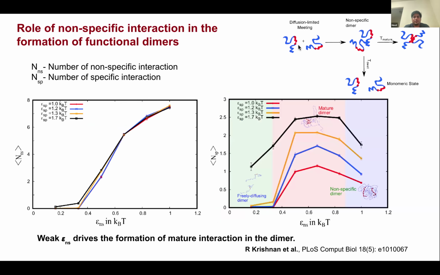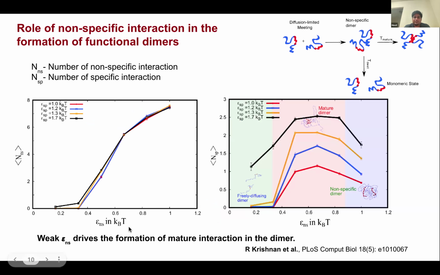It means interaction between all the regions and interaction between the red region. Red means a specific interaction. NNS means number of non-specific contacts, the contacts between the non-specific regions, and NSP means contacts between a specific region. Specific region means the red region, and non-specific means any region.